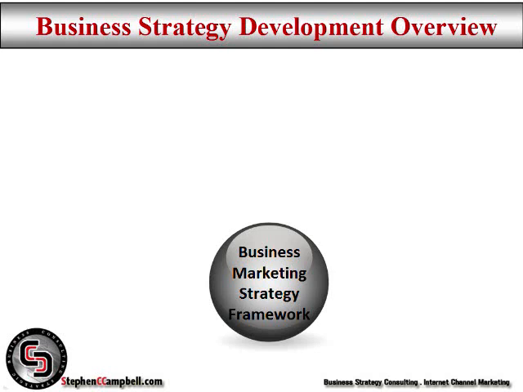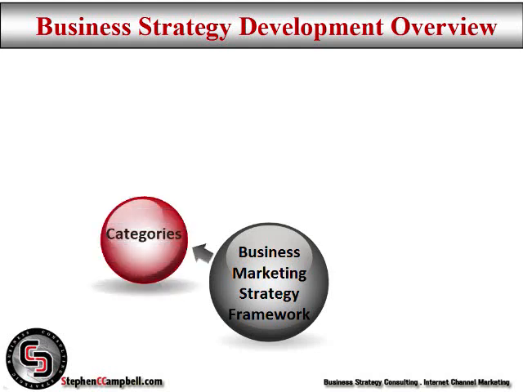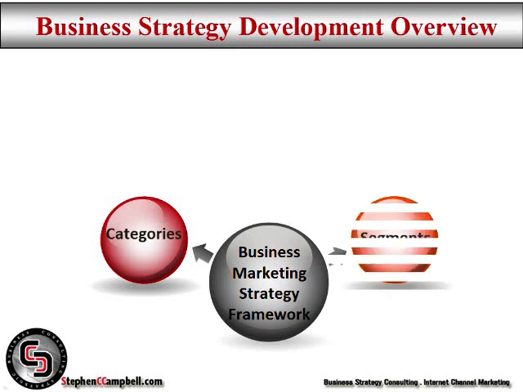My business marketing strategy framework, my thought process: I basically work around three main components to plug this together. The first one is categories, and we'll speak briefly about each of these. Second, I encourage people to think about segments.